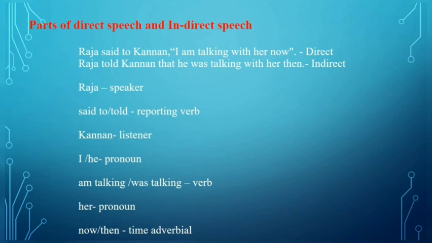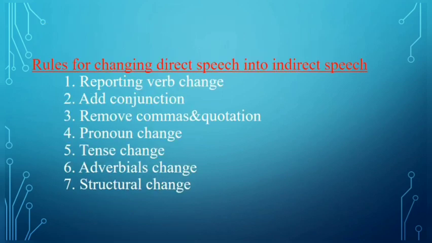Here, Raja is the speaker, said or told is the reporting verb, Kannan is the listener, I or he is a pronoun, am talking or was talking is the verb, her is a pronoun, and now or then is the time adverbial.